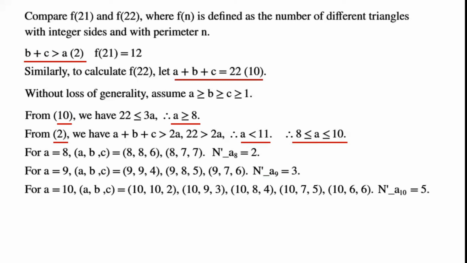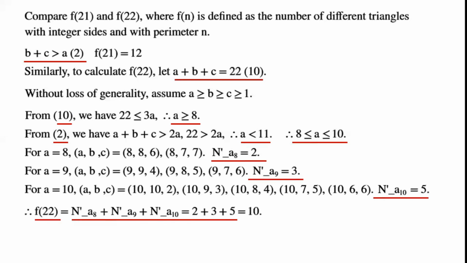So the number with largest side 10 equals 5. So f(22) = 2 + 3 + 5 = 10.